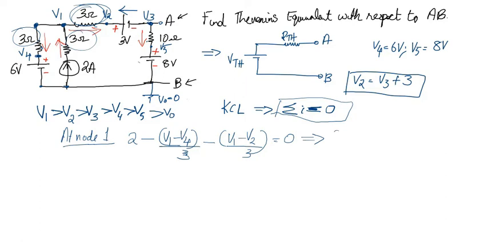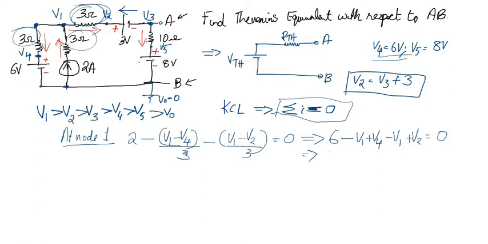For convenience, I'm going to cross multiply this entire expression with 3. So this will become 6 minus V1 plus V4 minus V1 plus V2 equal to 0. When we simplify this further, we know that V4 is equal to 6.